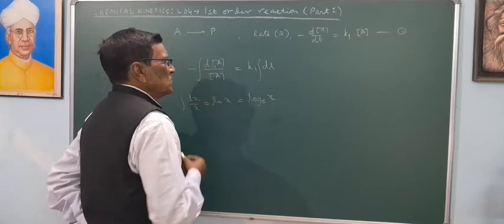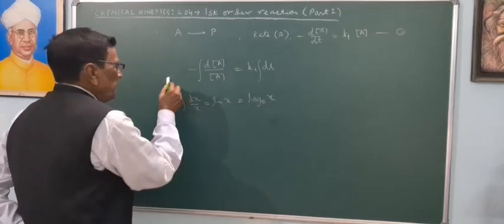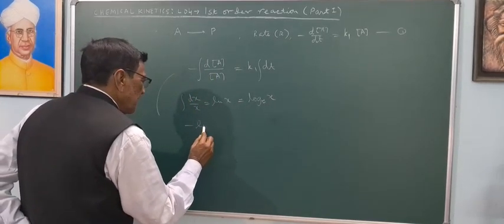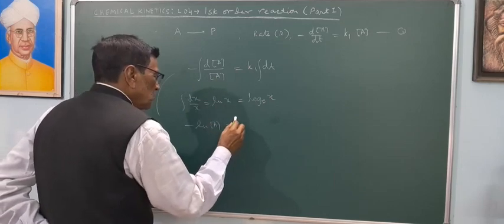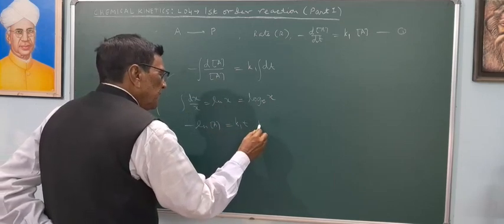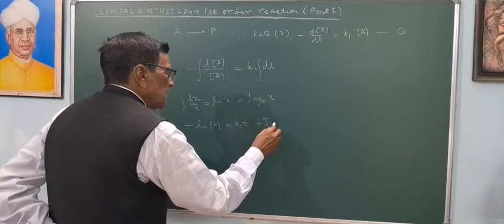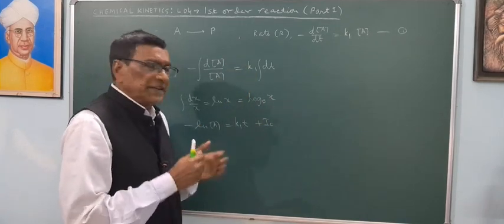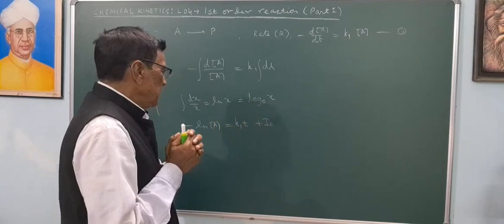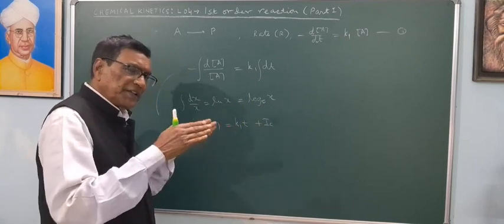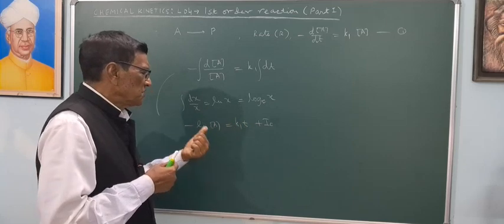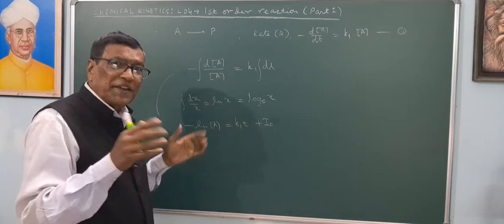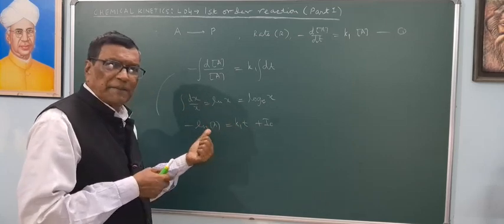So in this case also it will be minus ln concentration of A equal to K1 t plus some integration constant IC. After the reaction proceeds for time t, the concentration of A still remaining is A.